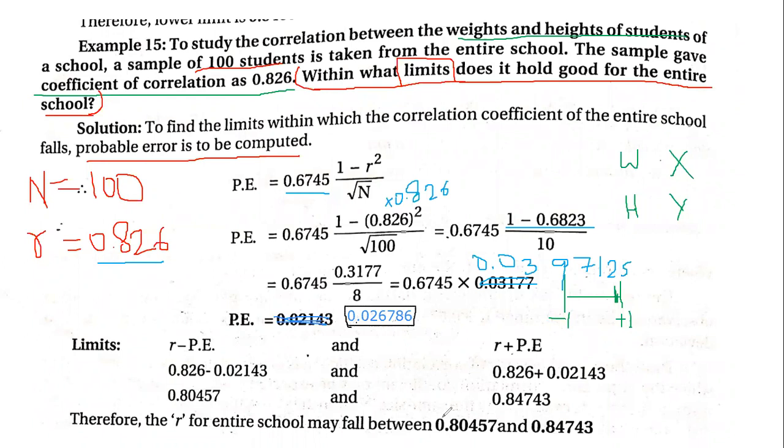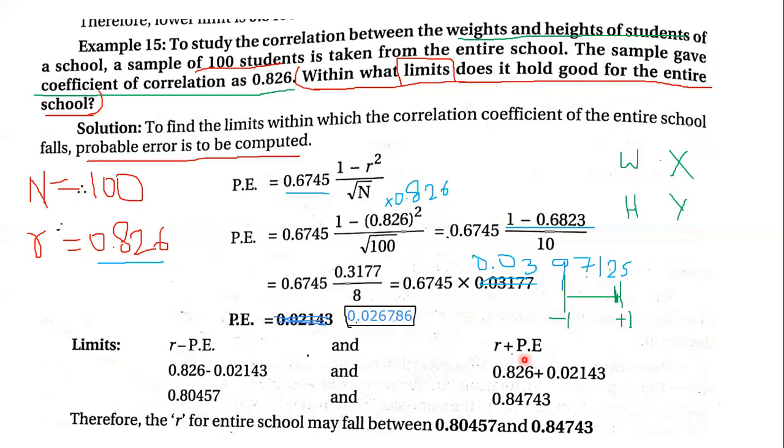Once we find the probable error, next we have to find the limits. Limits, again, like we see the bandwidth here, that is -1 and +1. Similarly, here again we'll have to check it from the negative side as well as the positive side.